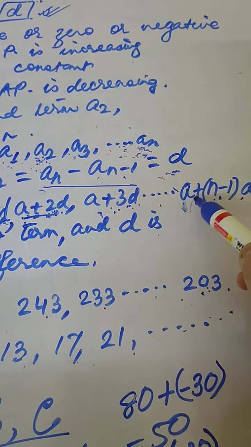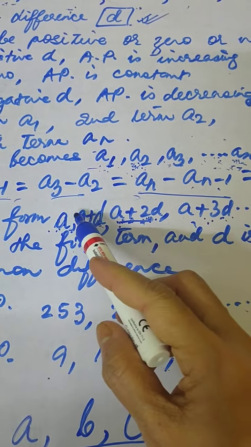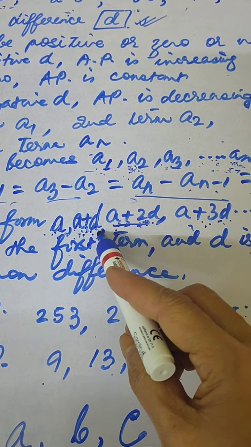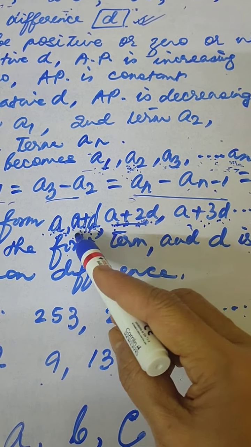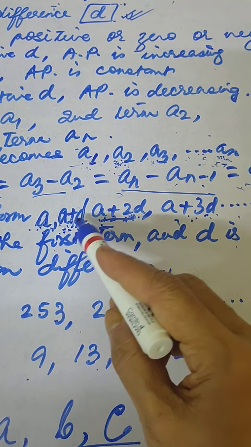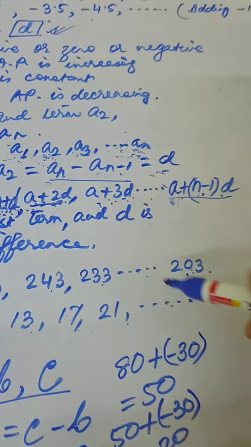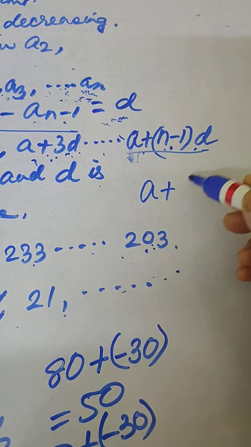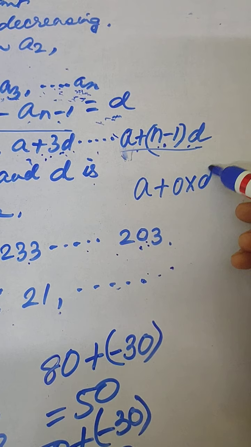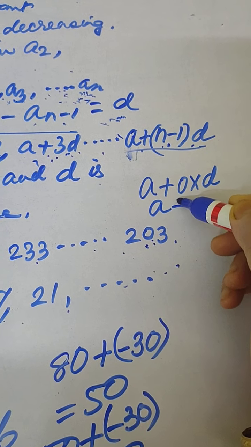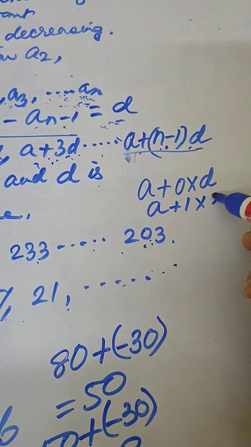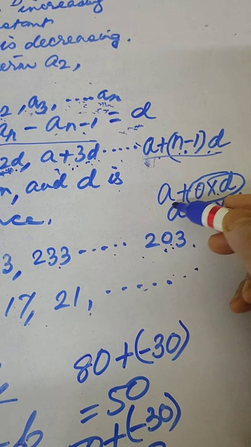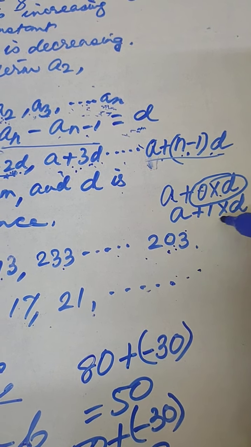Now why did I write this? See here, the first term is a. The second term you are getting by adding d to it, that means a plus 1d. First term is a plus 0 into d. Then the second term is a plus 1 into d. 0 into d means actually nothing. So when you add d to it, you are getting the second term.